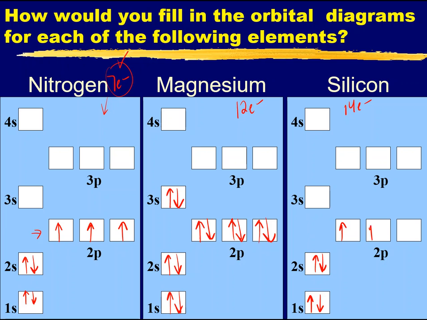Then Hund's rule, 1 in each first before we pair them up, like so. And then we fill the 3s because that's the next lowest energy level. Now that's 12, it matches magnesium, and then I can fill in the last 2. Hund's rule, I'm separating them and putting 1 in the first 2 boxes of the 3p sublevel.